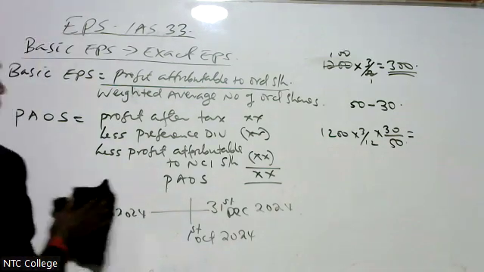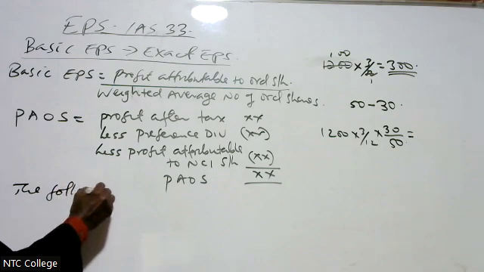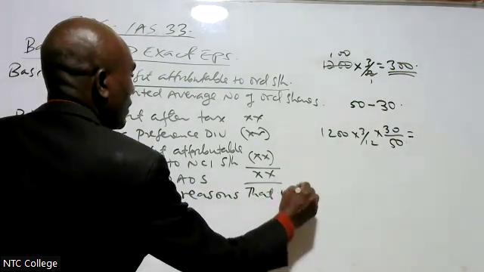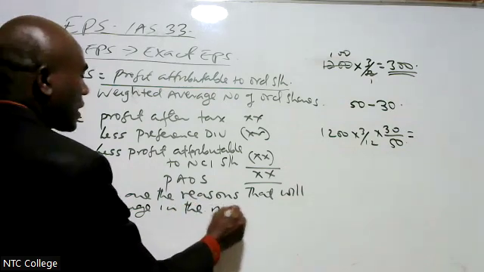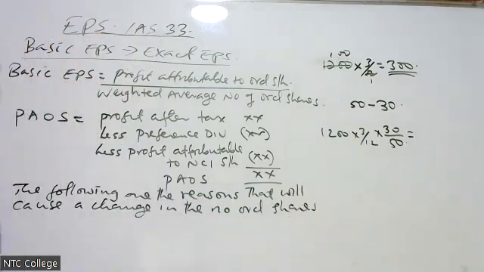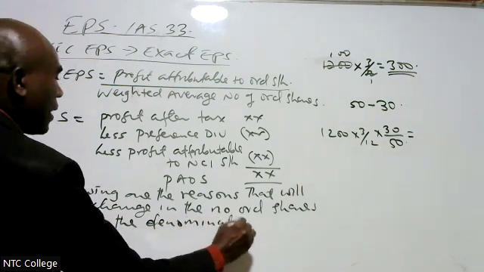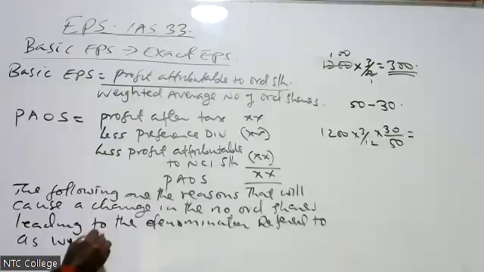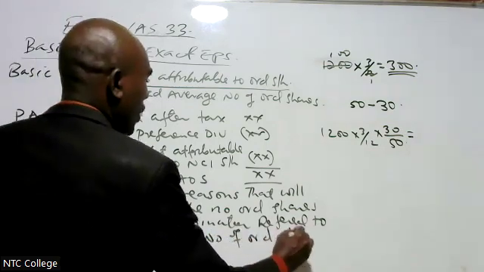Therefore, we introduce and say, the following are the reasons that will cause a change in the number of ordinary shares, leading to the denominator referred to as weighted average number of ordinary shares.